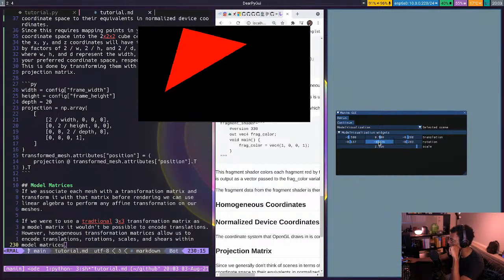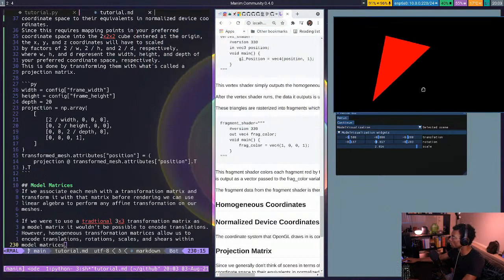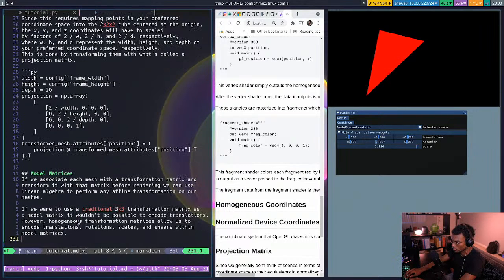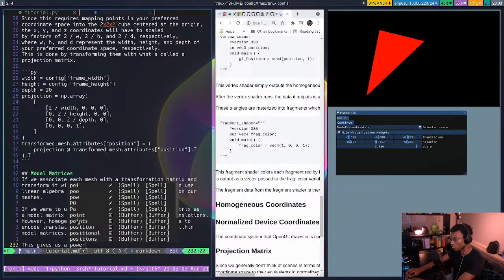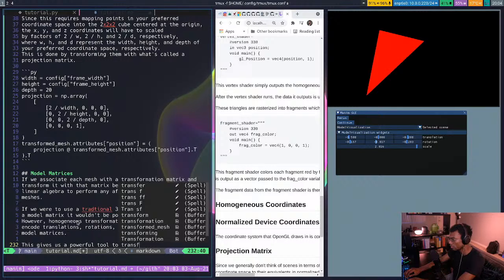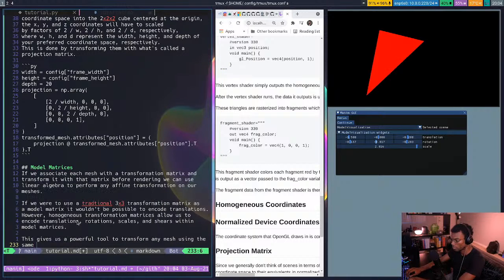Because that's pretty cool. It's a powerful tool to transform any mesh using the same method.